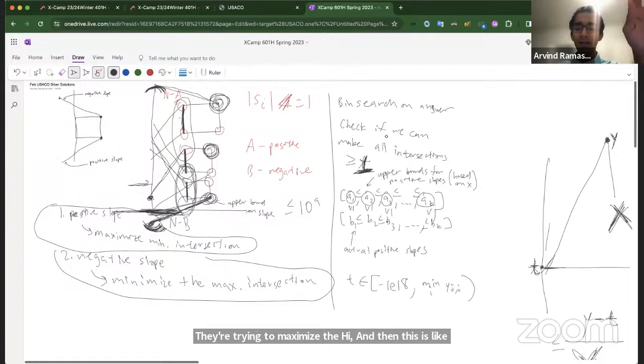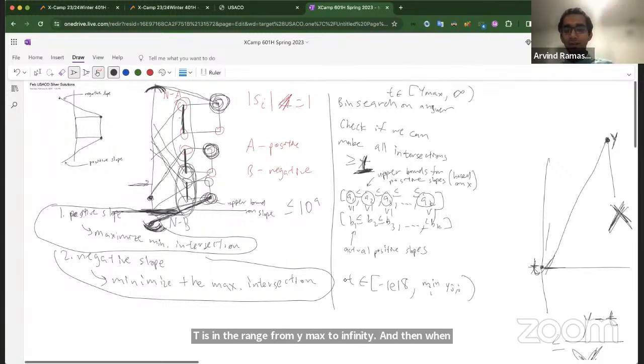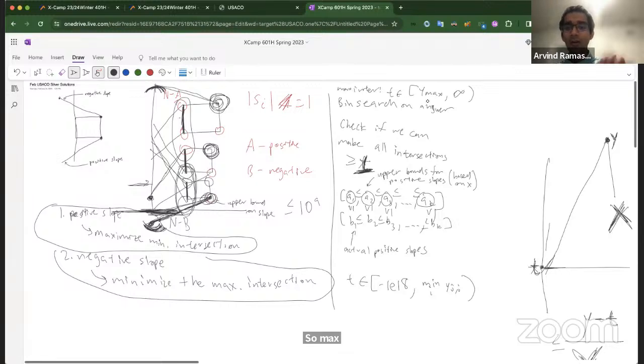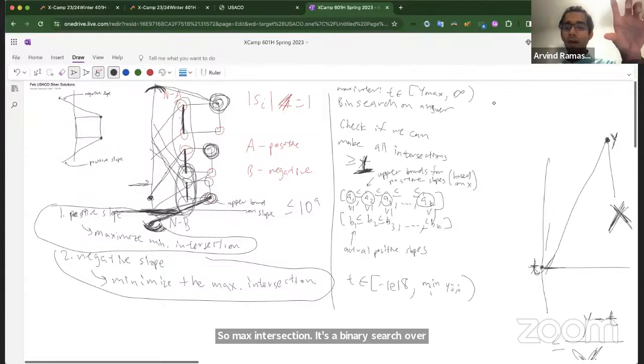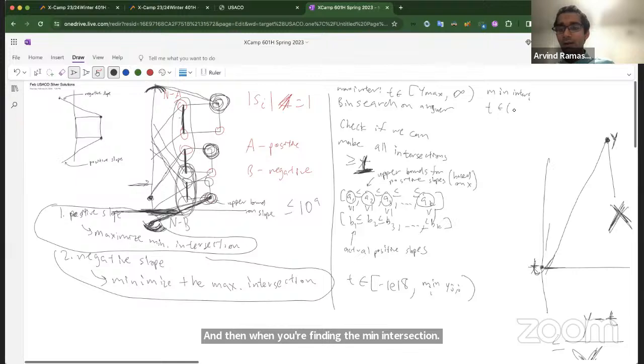When you maximize the highest intersection, it's a binary search over t from y max to infinity. And when you're finding the min intersection, it's a binary search over t from negative infinity to y min.